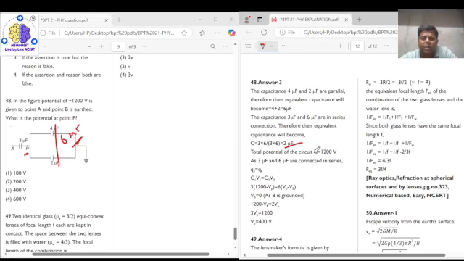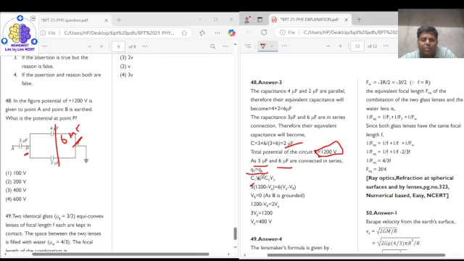Now this 2 microfarad is experiencing a potential difference of 1200 volts across its plates, right? So the charges in both the capacitors will be the same because they are in series, that is as 3 microfarad and 6 microfarad are connected in series, charge in both will be same and charge is given as C into V. So for the first capacitor it will be C1 into V1 and for the second capacitor it will be C2 into V2, right?